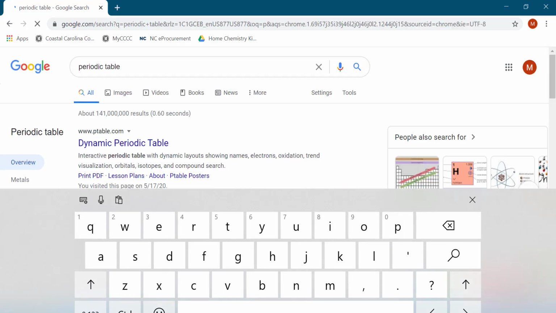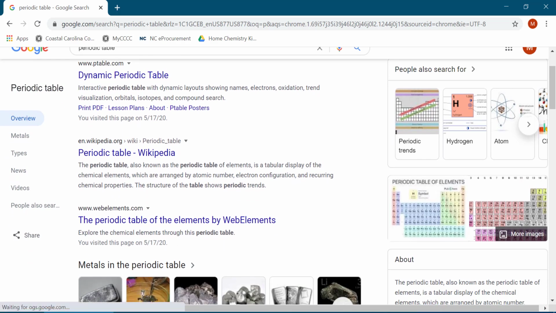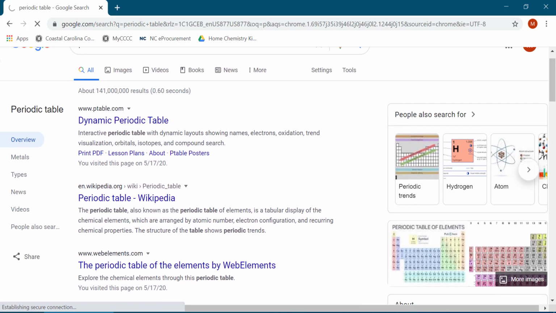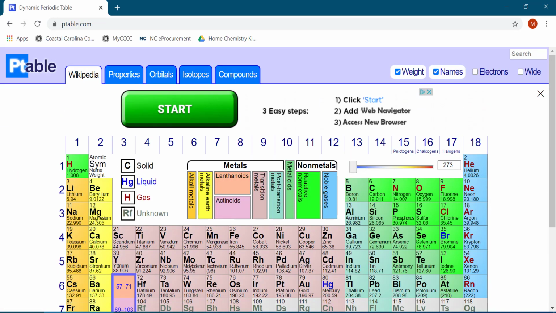There we go. Dynamic one's good, Web Elements is good. All these are good tables. The P table is good. That actually gives you a lot of information. Maybe we'll go to that one.